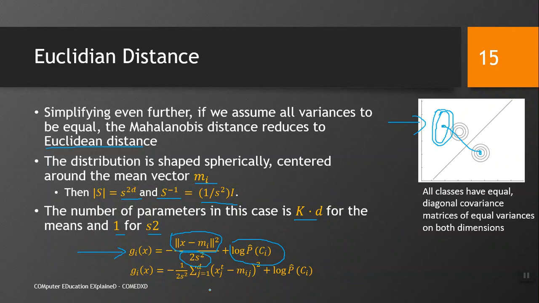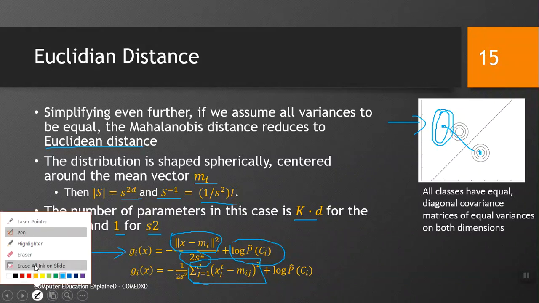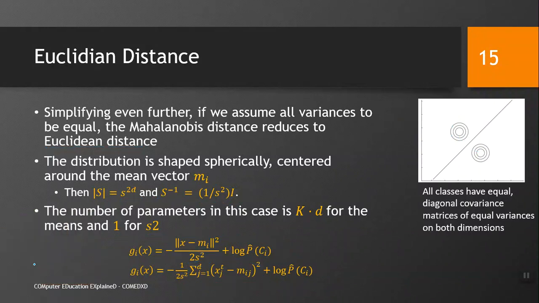Here you can see that it is just the Euclidean distance formula. Previously, we said that Mahalanobis distance is a generalization of Euclidean distance, and a simplification of Mahalanobis distance is Euclidean distance.